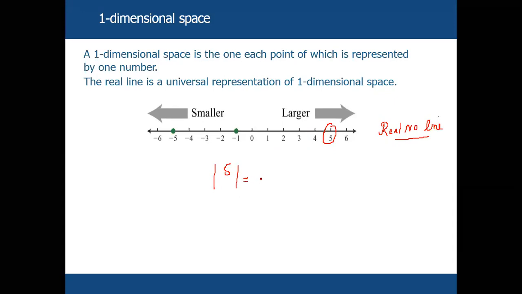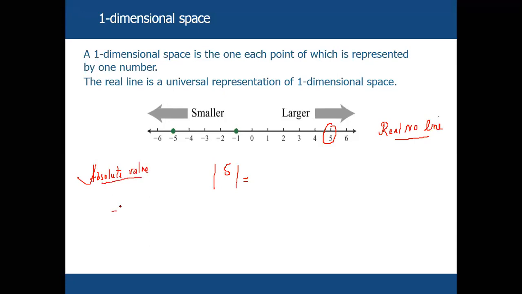So the absolute value of 5 means the distance between 0 and 5, how far 5 is from 0. As you know, the absolute value shows distance, and distance is always positive.